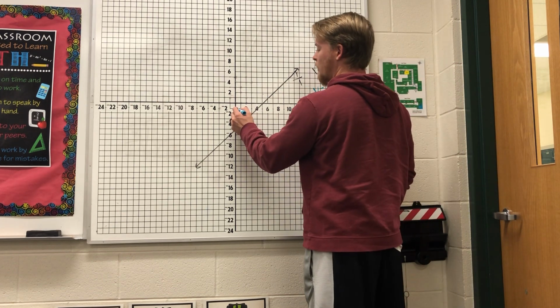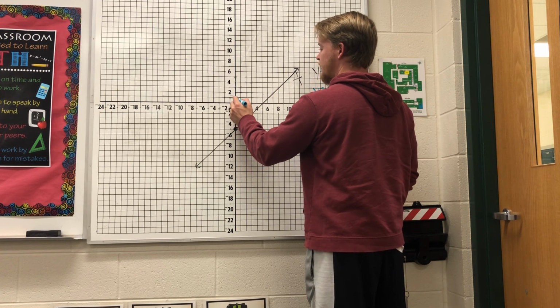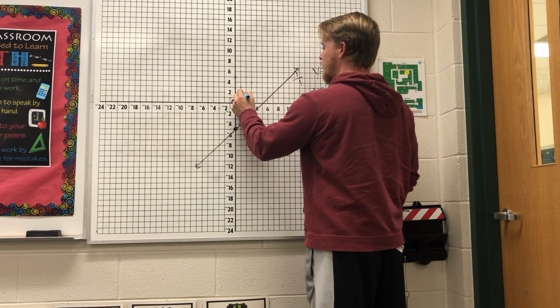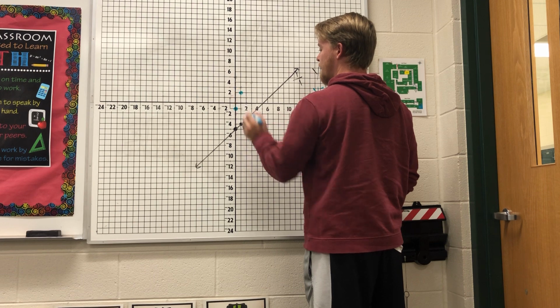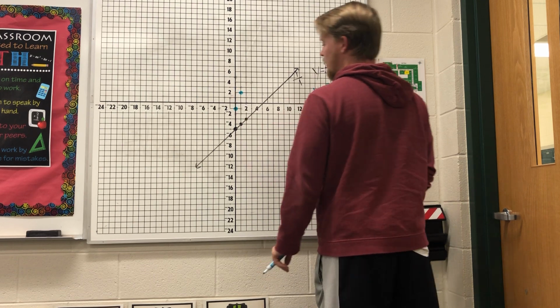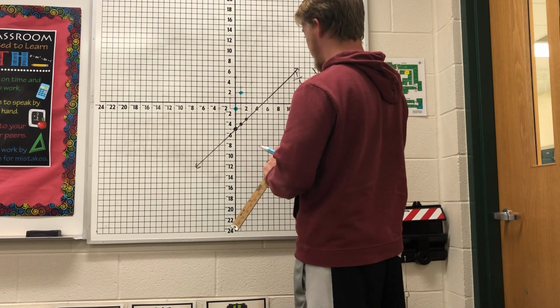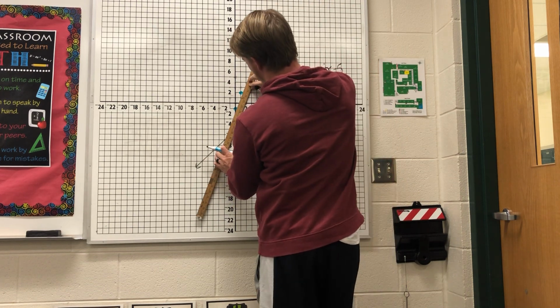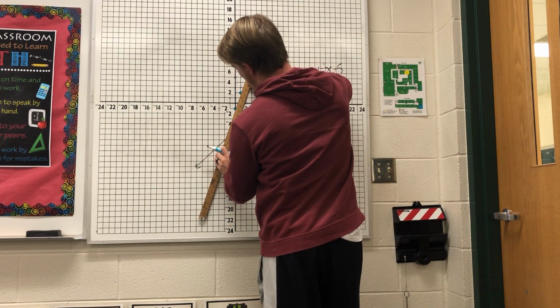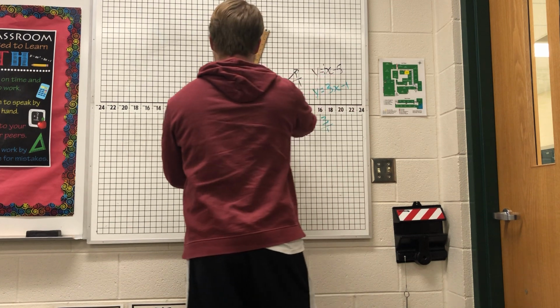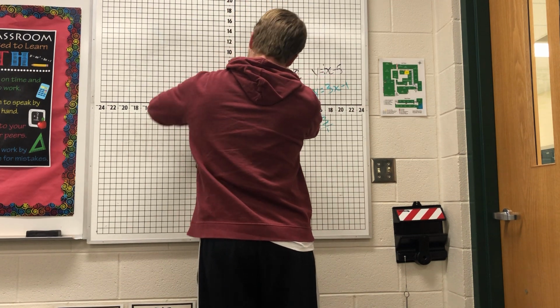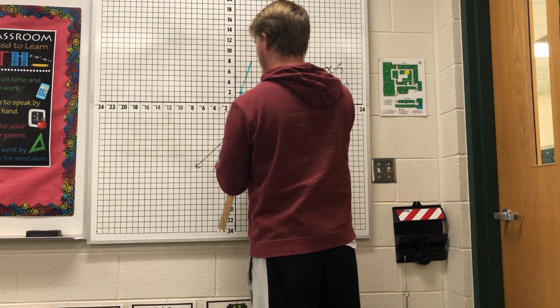So from here, I go up 3. That's my rise. 1, 2, 3. Run 1. And there's my second point. Okay, so when I draw my line through those points, it should come up with something that looks like that.